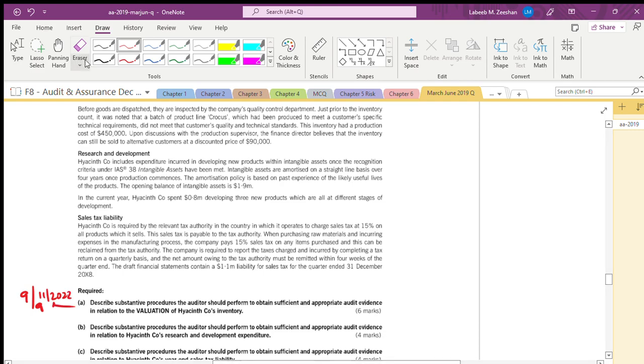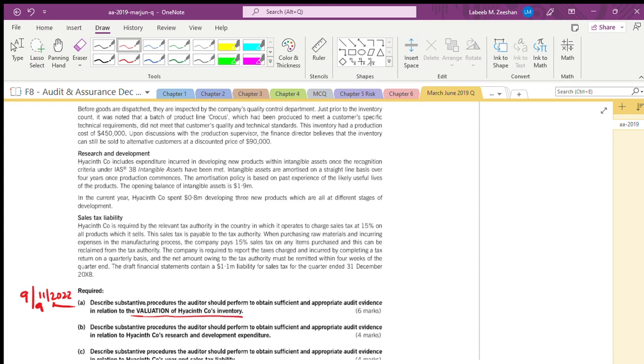They are asking us for the substantive procedures to perform to obtain sufficient audit evidence in relation to valuation of Hyacinth's inventory.